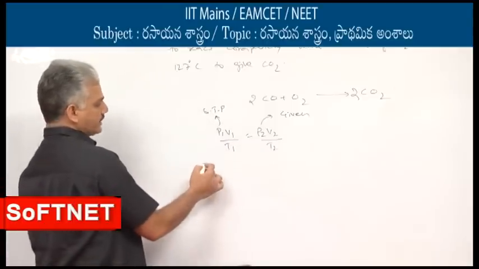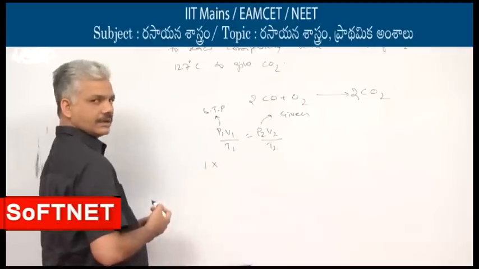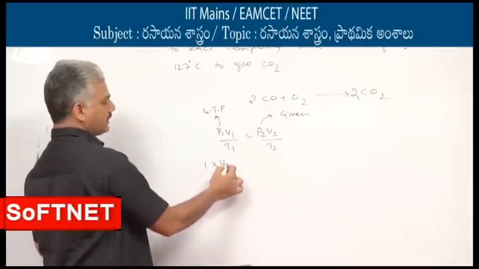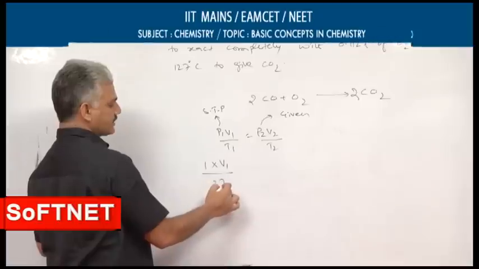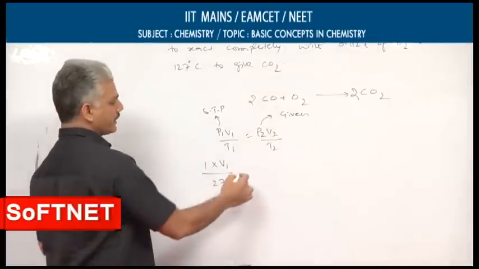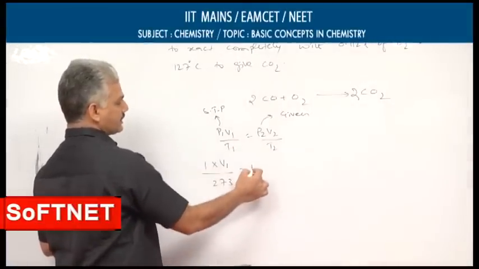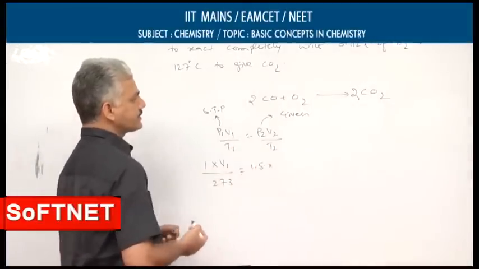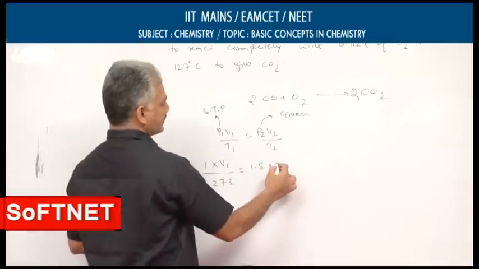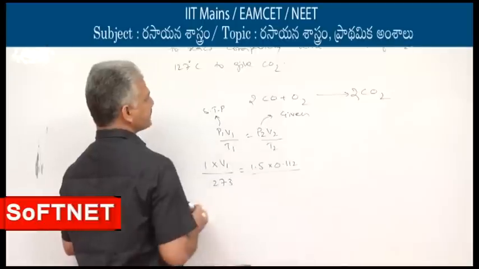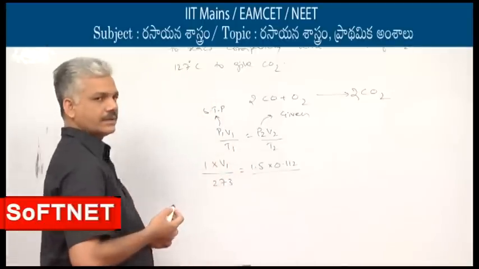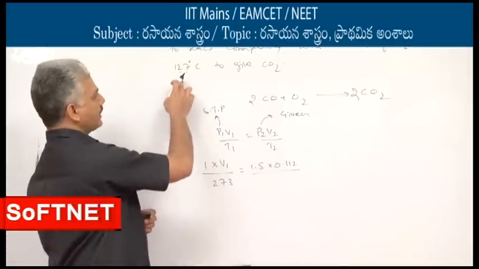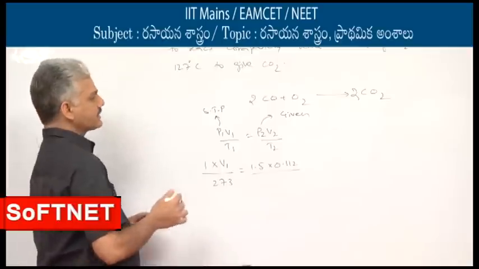The standard pressure in atmospheres is 1 atm, volume you need to calculate, temperature is 273 and the given pressure is 1.5 atmospheres, volume is 0.112 liters, temperature is 127 degrees centigrade. It has to be converted into Kelvin scale.